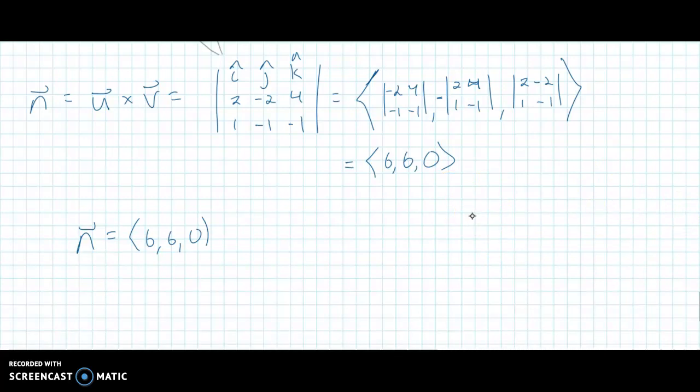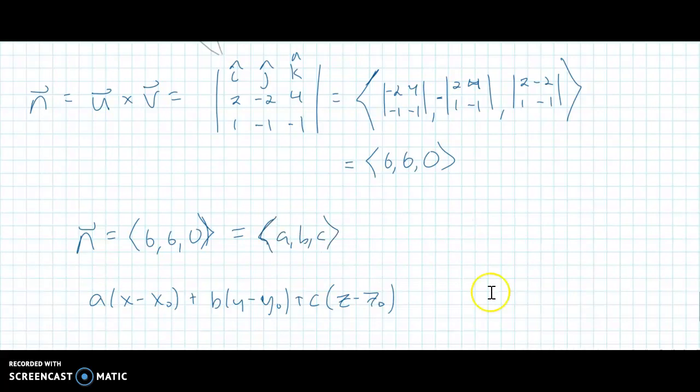The equation of the plane is a times x minus x naught plus b times y minus y naught plus c times z minus z naught. This is equal to my a, b, c vector because it's perpendicular.